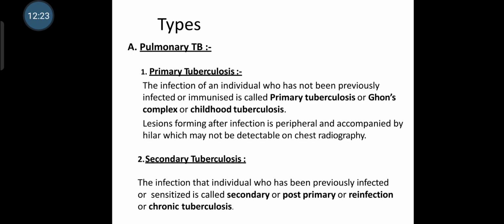The lesion forming after the infection is in the peripheral region and accompanied by hilar involvement, which may not be detectable on chest radiography. Then secondary tuberculosis is when the individual has been previously infected or sensitized, wherein the person was already exposed to the tubercular agent and got tuberculosis earlier.